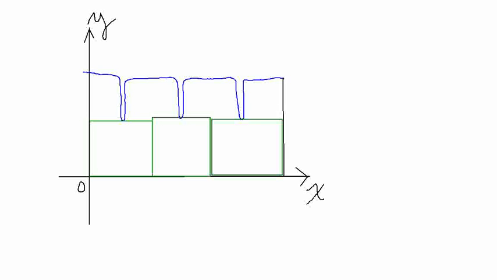Okay, and so you'd make your height with respect to that middle x value, and if it happened to correspond to these valleys, you could see that you'd get a very bad approximation. All right, so this is just to emphasize that you can't always assume that any one method is going to be more accurate than any other one. It depends on the function and the integral. All right.